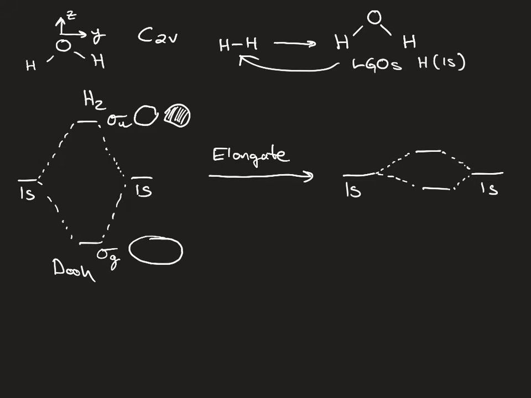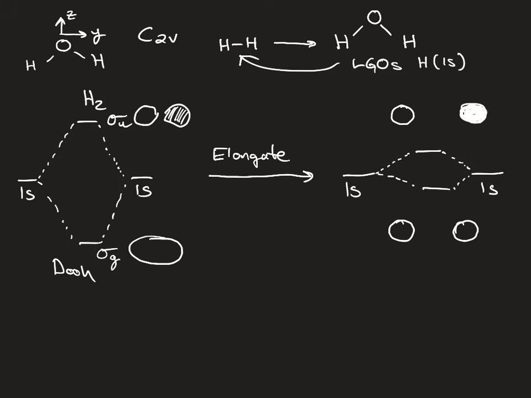The one that goes lower in energy corresponds to your bonding combination in H2, but it now looks like that. It looks more like two isolated hydrogen 1s orbitals. And the antibonding combination looks the same, but those are now out of phase.